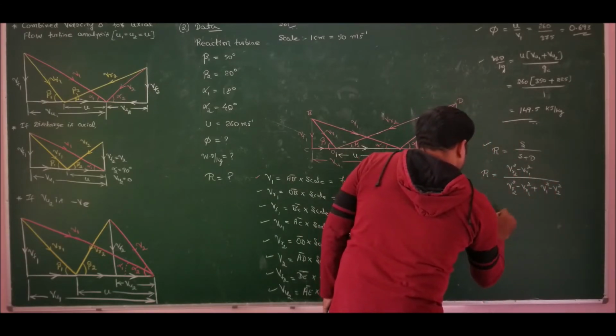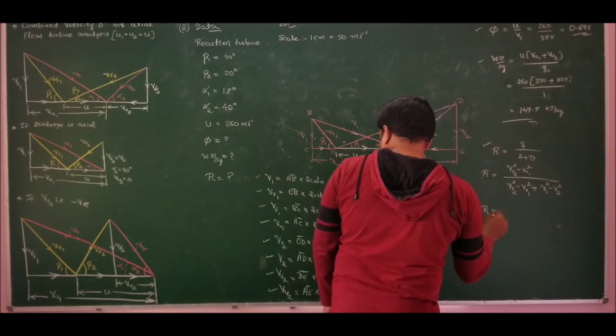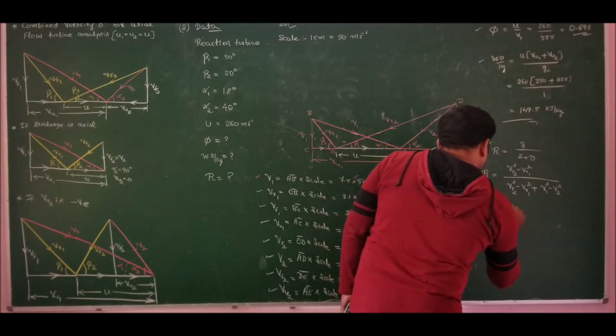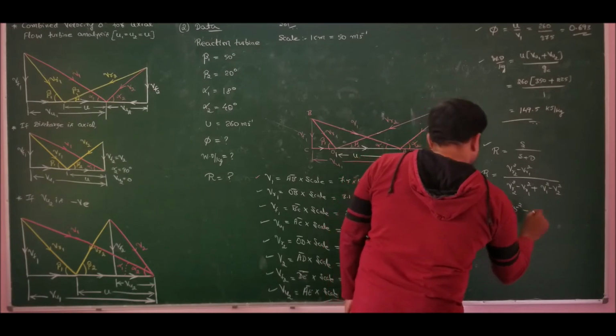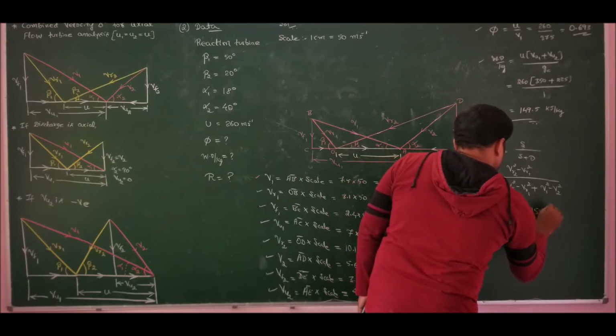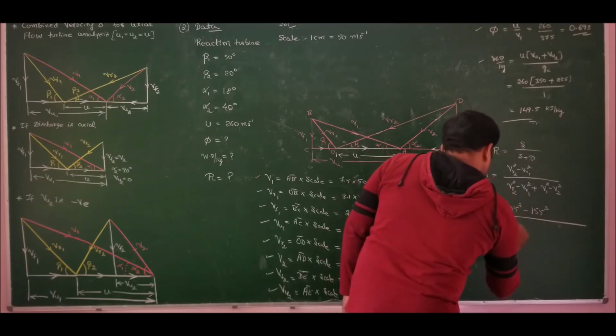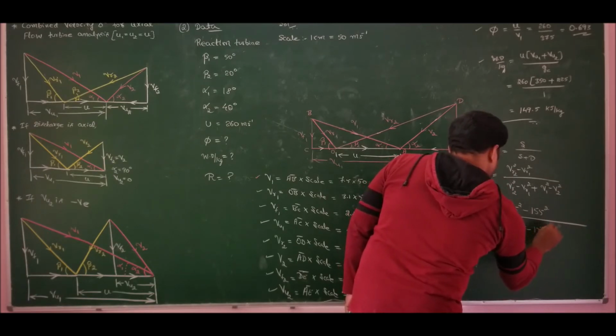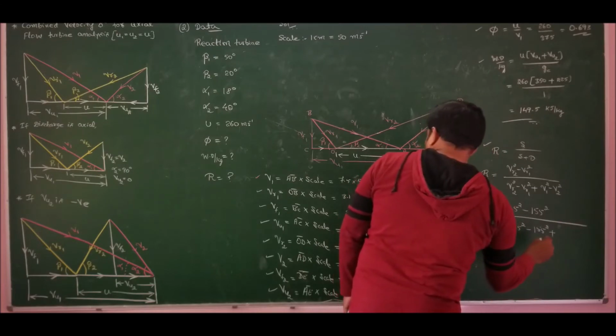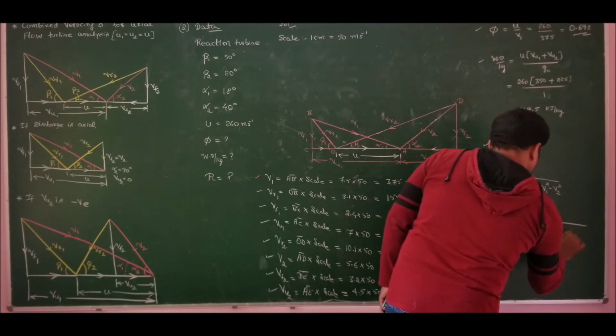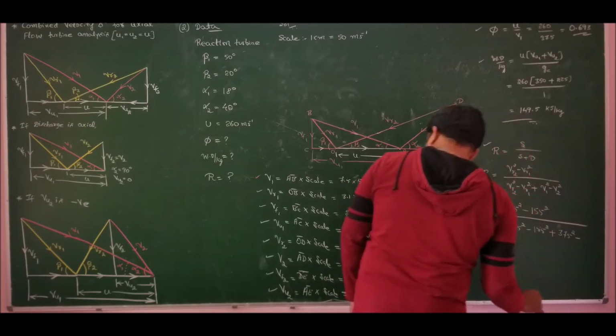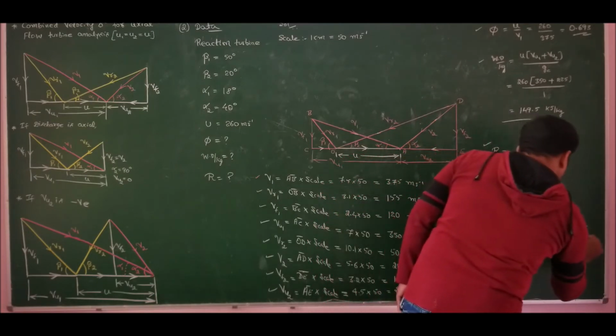So if I substitute and solve the values, I will get VR2 is 505, VR1 is 155, V1 is 375, V2 is 280.